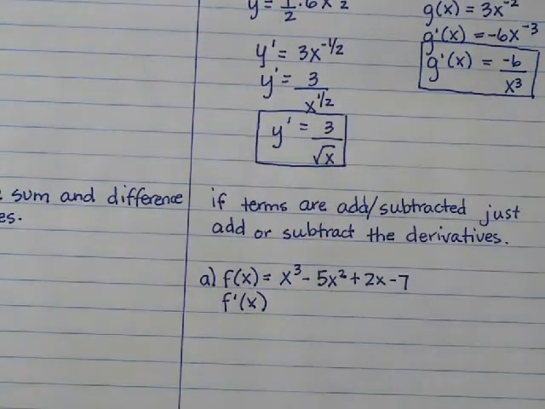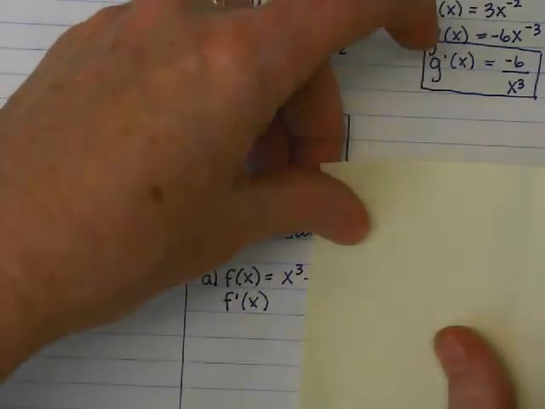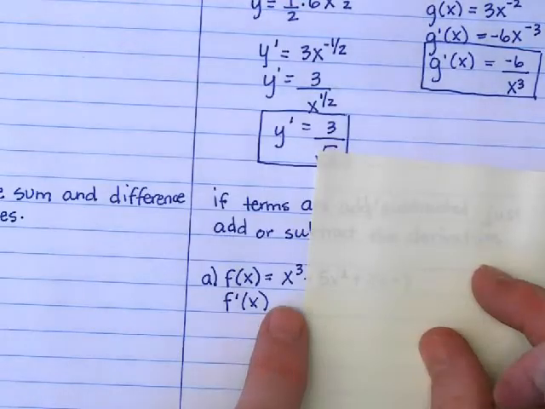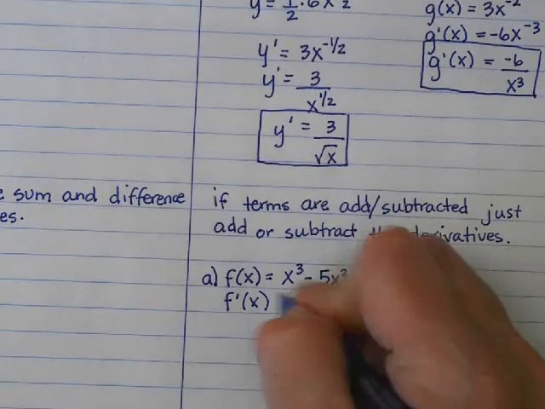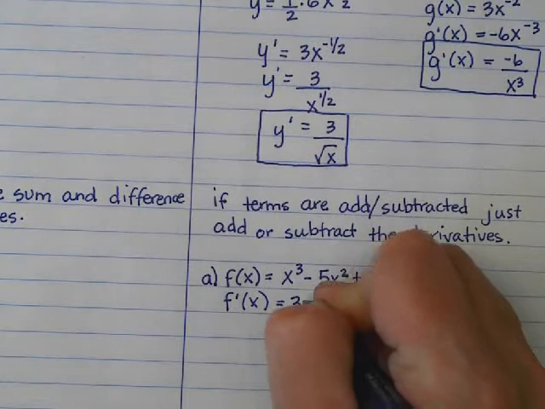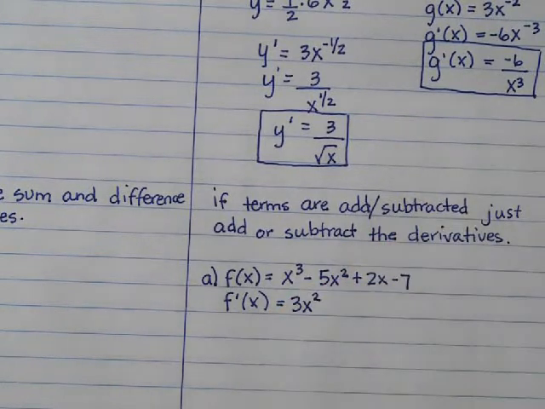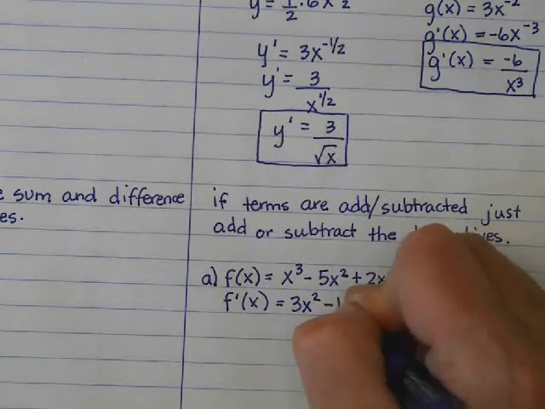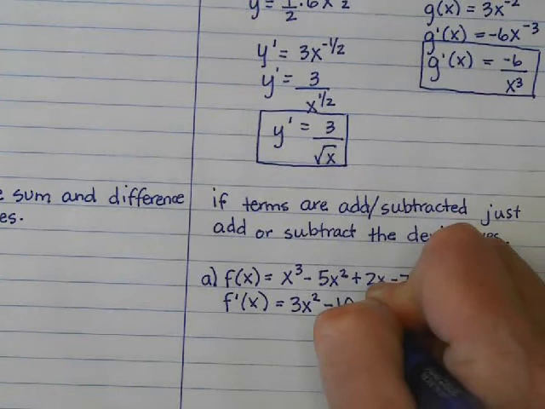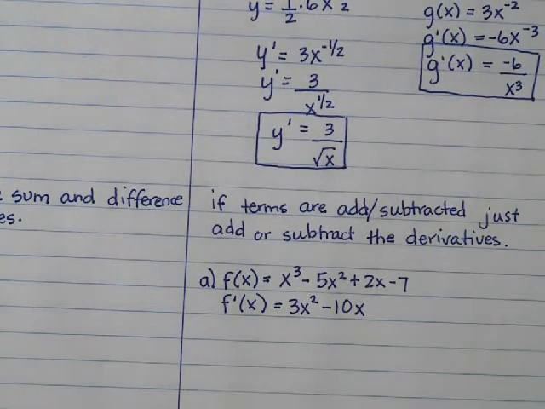Okay, so all I'm doing is I'm just pretending, okay, if it only said that, the derivative of that would be 3x squared. Okay, now I'm going to do the derivative of this. I'm going to go 2 times negative 5 is negative 10. 2 minus 1 is 1.